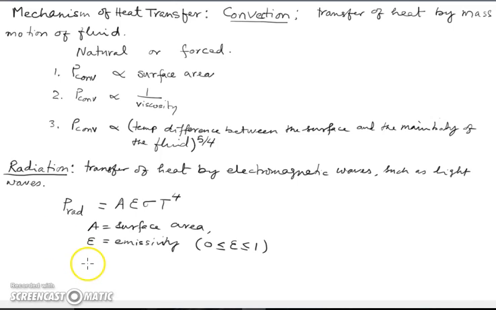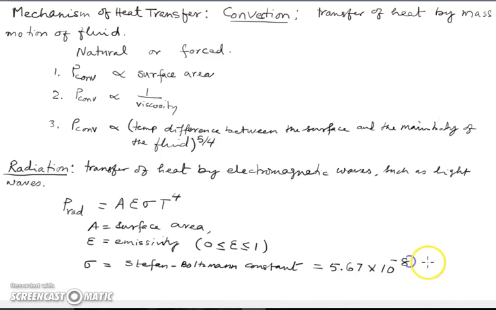Sigma is called the Stefan-Boltzmann constant, which is equal to 5.67 times 10 to the minus 8 watt per meter squared per Kelvin to the power 4. And T is the temperature in Kelvin.